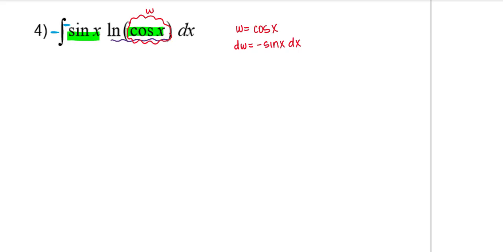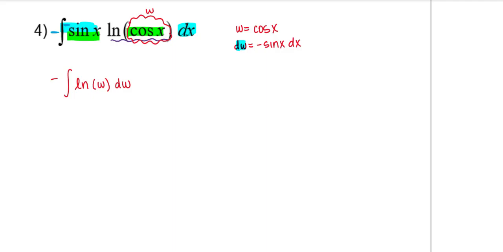And then I can use the negative sine x dx, that'll turn into dw. And the other part is just natural log of w. So it'll look like this, negative, and then the antiderivative of natural log of w dw. And I don't have bounds, but if I did, I would absolutely change them to w bounds at this point.